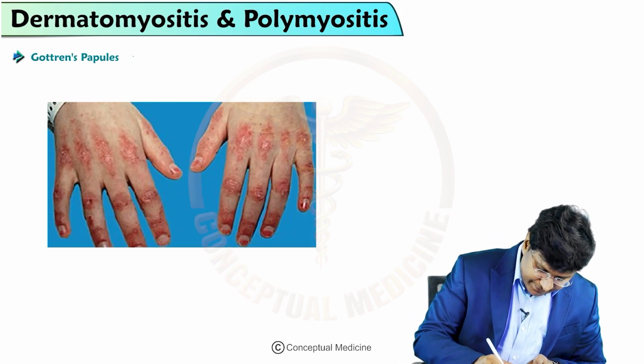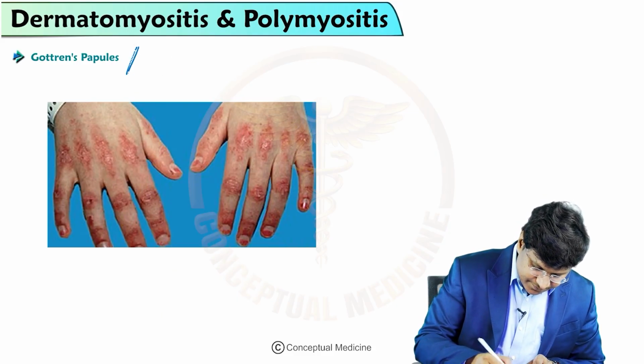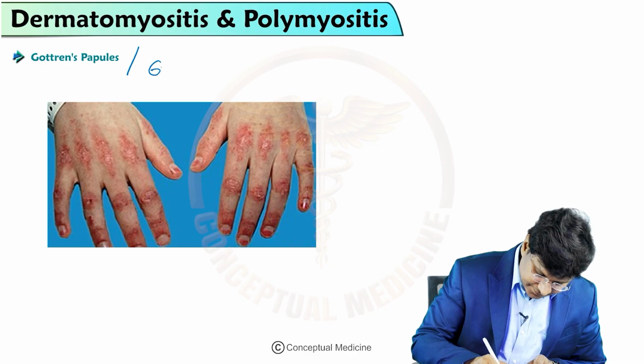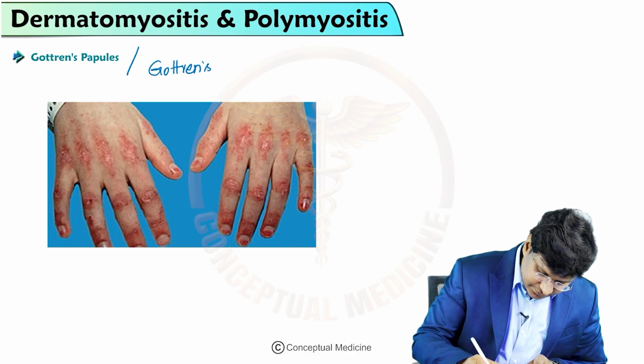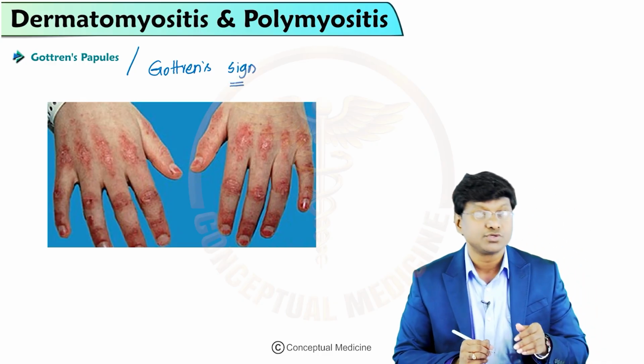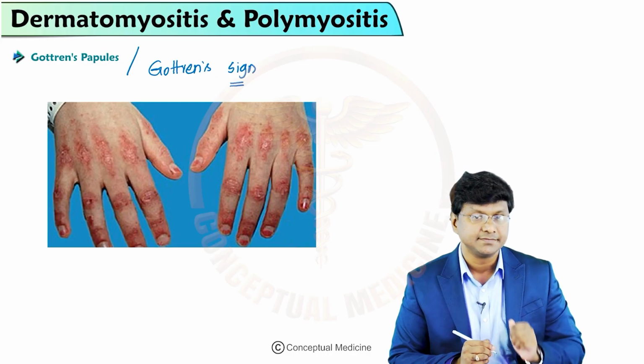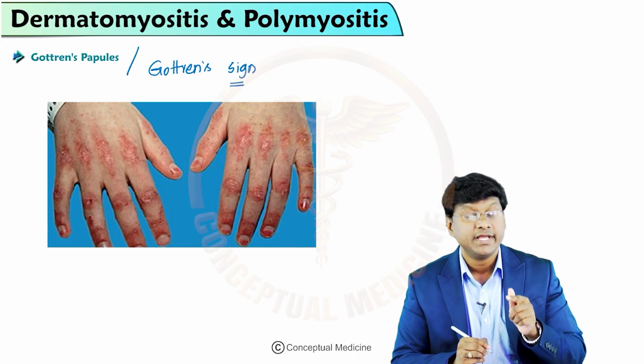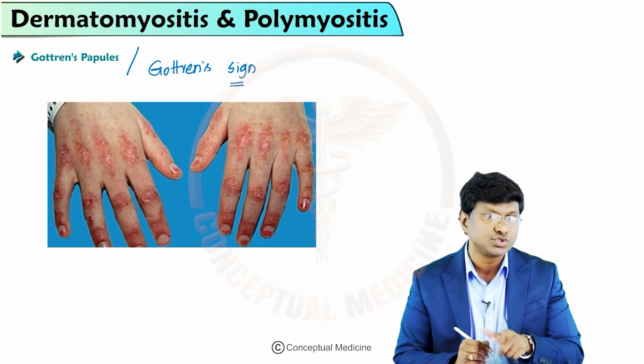This Gottron's papule, we also call Gottron's sign. This particular Gottron's sign is violaceous papules over the knuckles.